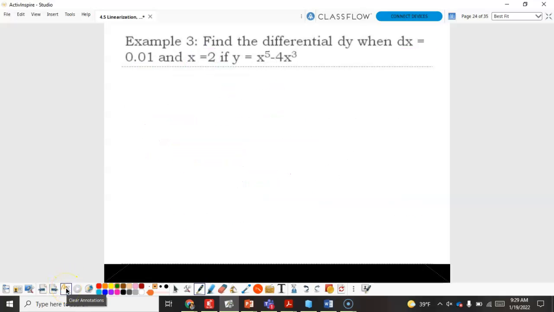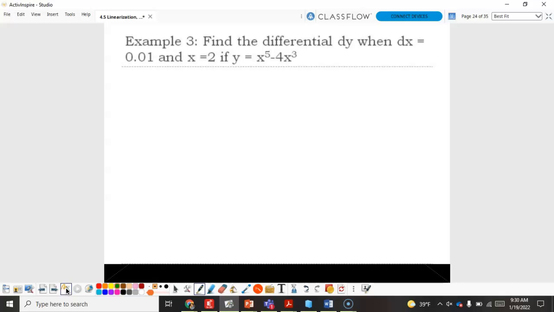Okay? So it says find the differential dy when dx is 0.01. A very, very small dx. Given that x equals 2 and y equals x to the 5th minus 4x cubed.